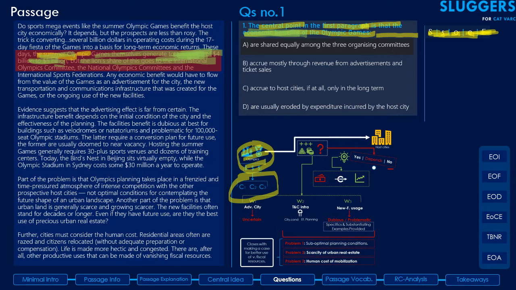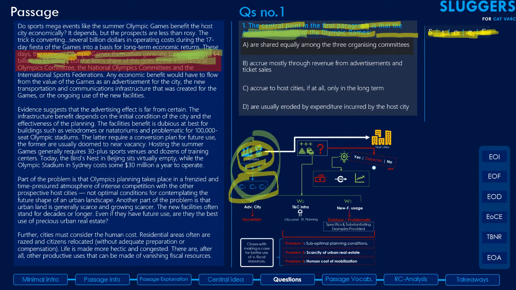Revenue generated and economic benefits are two different ideas. Economic benefits is a more umbrella, more generalized term. The revenue generated will be one of the aspects of the economic benefits. So the passage does not say anything about the economic benefits being shared among the three organizing committees. There's a distortion here, right? So that's the first reservation we have against this option.